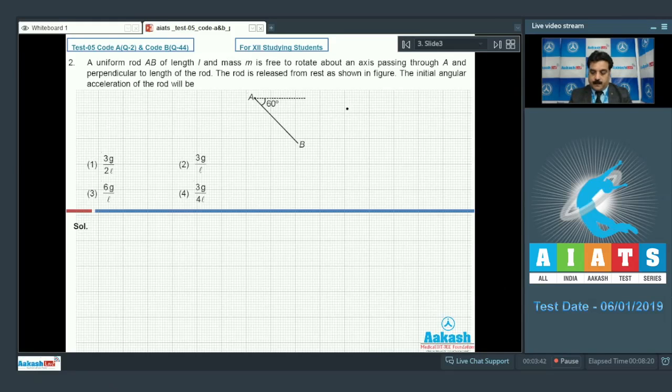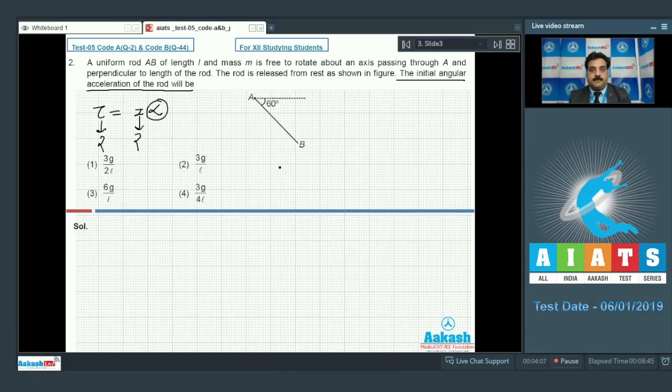So I am going to use torque equals I alpha. I need torque, the moment of inertia, and alpha is our requirement because the question is asking for the initial angular acceleration of the rod.